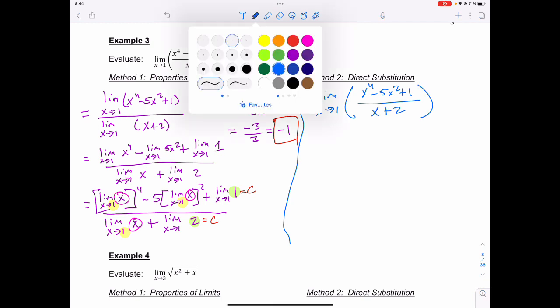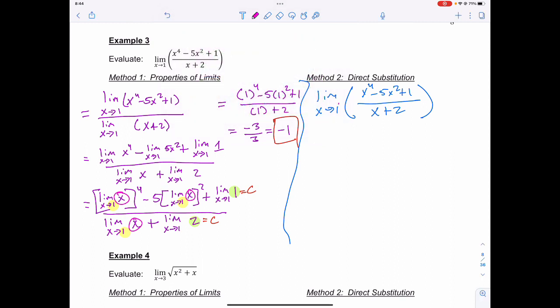All I have to do is check and make sure that when I substitute in the value for x, it is not indeterminate. If I'm dividing by 0, it's not going to work.